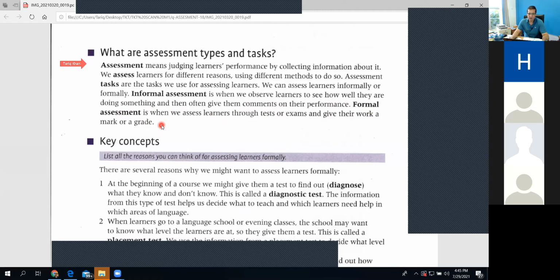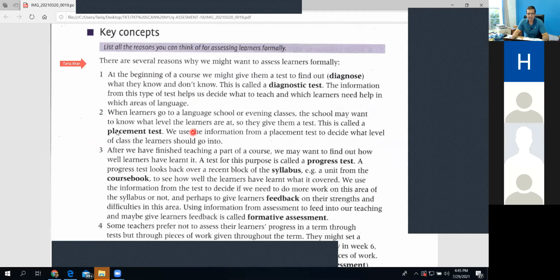All right, now we will see the tasks. There are several reasons why we might want to assess learners formally. At the beginning of a course, we might give them a test to diagnose what they know and what they don't know. This is called a diagnostic test.